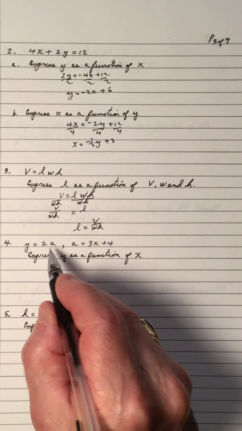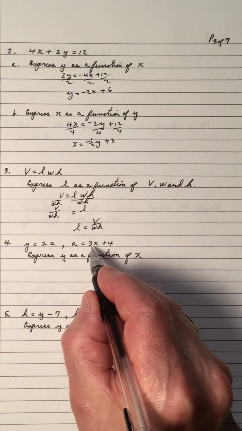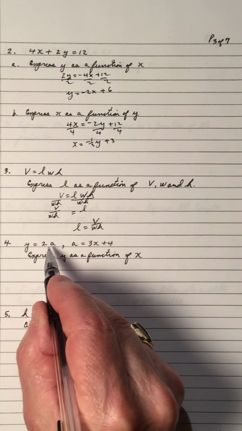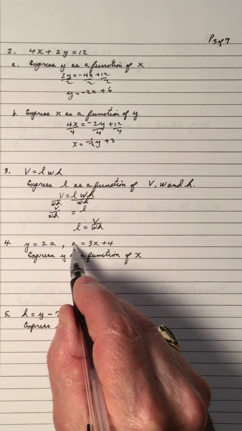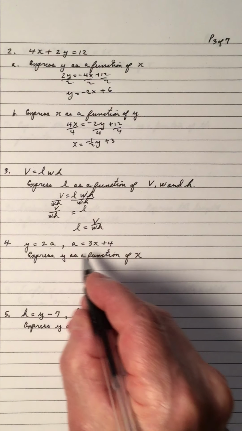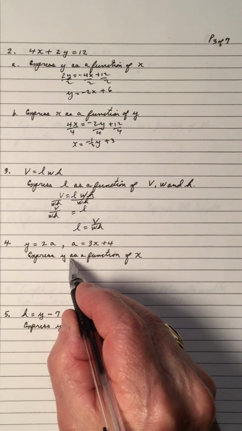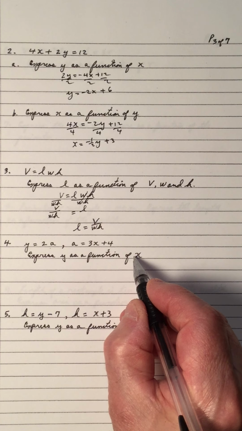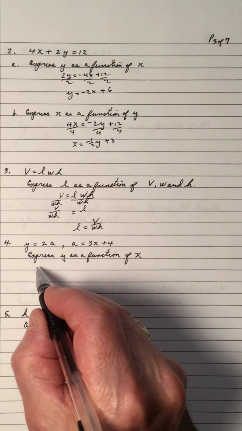Number 4, y equals 2a and a equals 3x plus 4. Notice right here, y is a function of a. Right here, a is a function of x, but I want y as a function of x. So that means if I want y as a function of x, I have to remove the a by substitution.